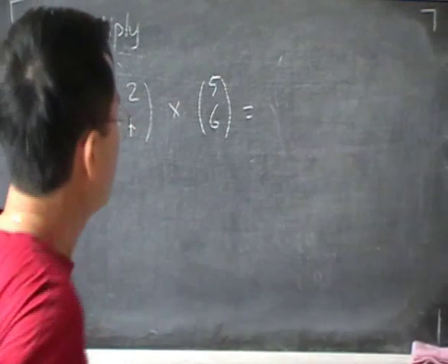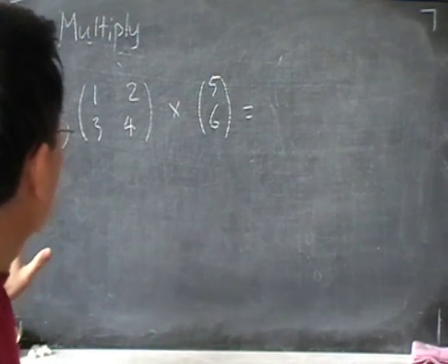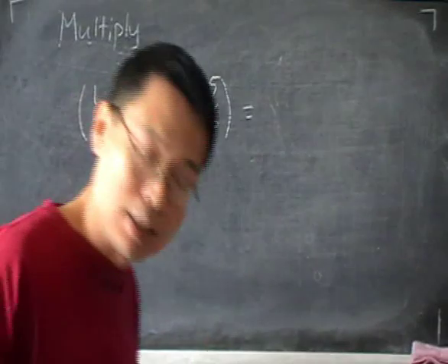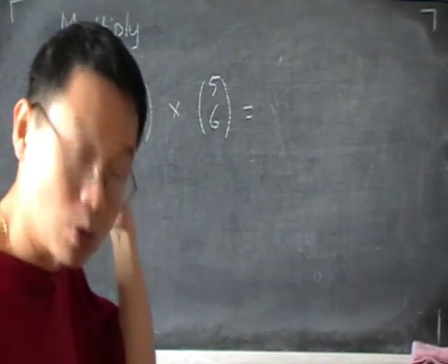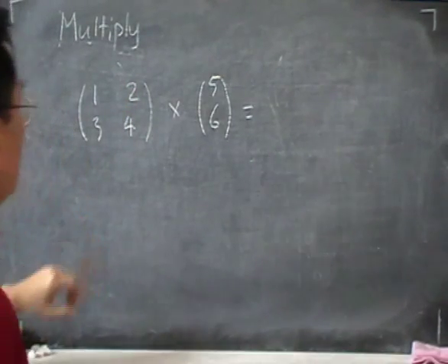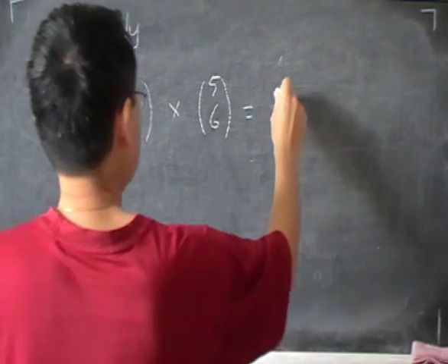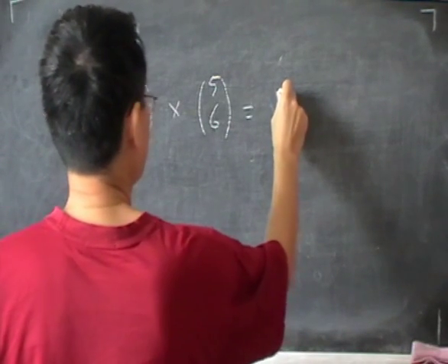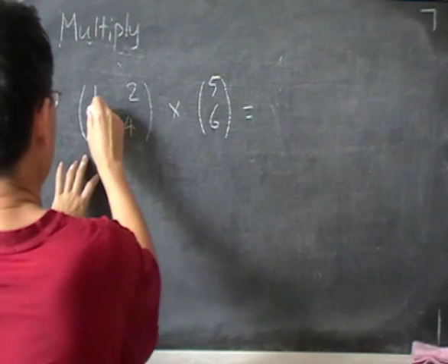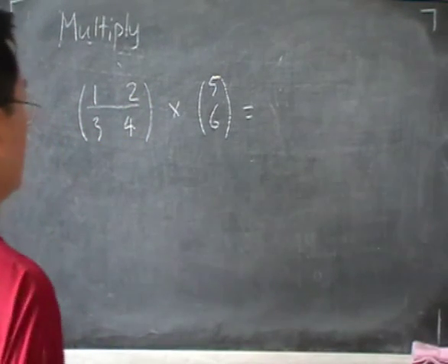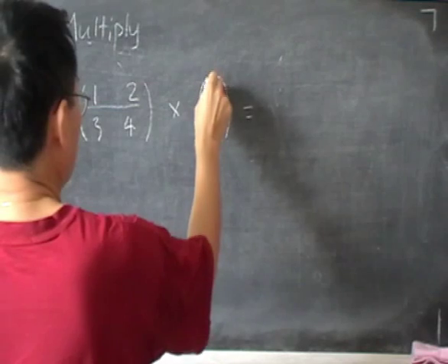So let's try to apply the rules that we have seen just now. To get the first number, I would take the first row and the first column.